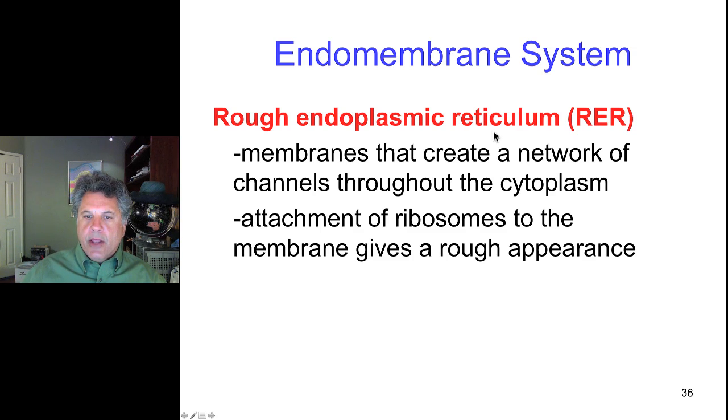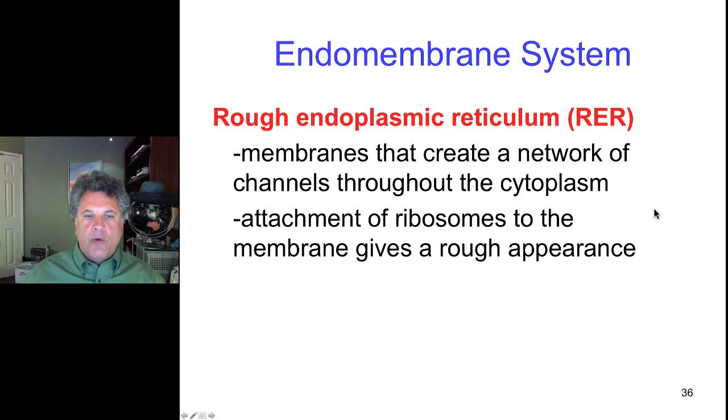And there, those proteins can be encapsulated in membrane vesicles that bud off from the rough ER and are transported to other components of the endomembrane system, the Golgi, and then from there they can be modified and exported to the cell surface, where they can be shunted into the extracellular space, or alternatively can embed in membrane and become part of the plasma membrane.